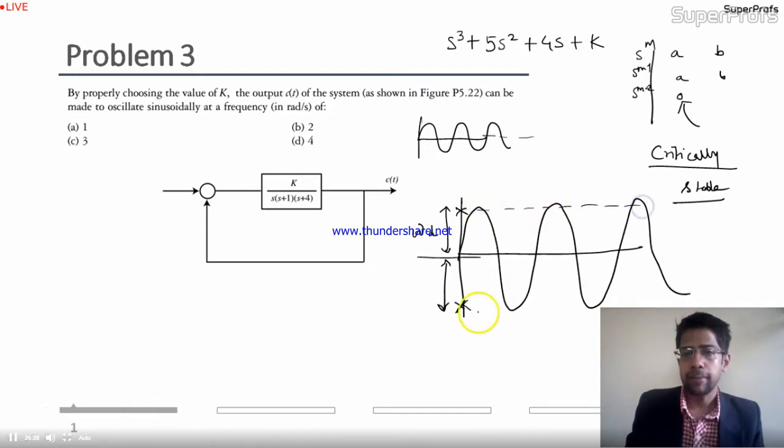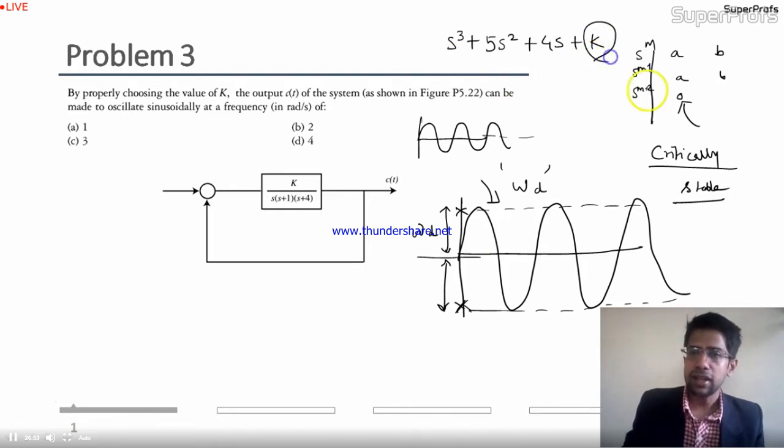So when you get two roots on the imaginary axis, then you are bound to get a critically stable system with the frequency omega. So the value of the imaginary part of these roots gives you the frequency value. So now let us build the Routh array and find a K such that the first column element becomes 0.